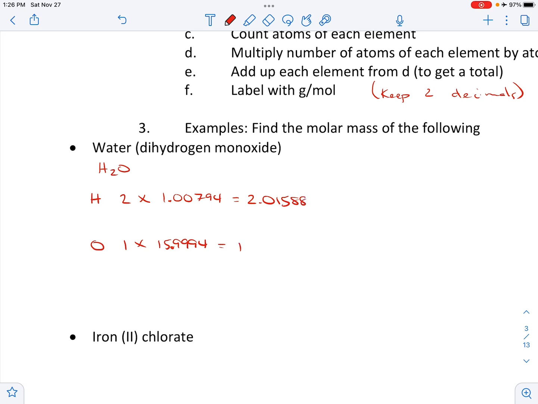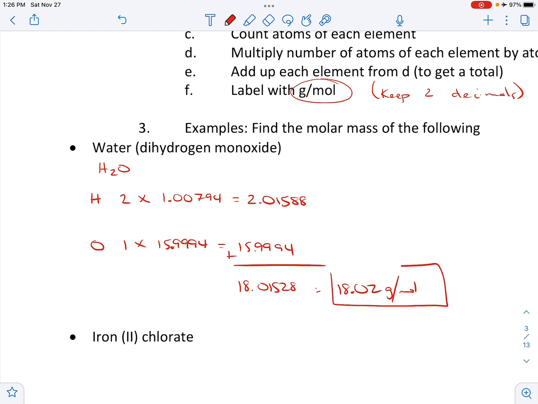Now 1 times 15.9994. Hey, that stays the same. We're going to add those 2 up. And we should come up with, with all the decimals for right now, we'll do our rounding in just a second, 18.01528. Keeping 2 decimals, we're going to get 18.02, and we're going to label it with grams per mole. So we've got it there. 18.02 is our molar mass of water, grams per mole.